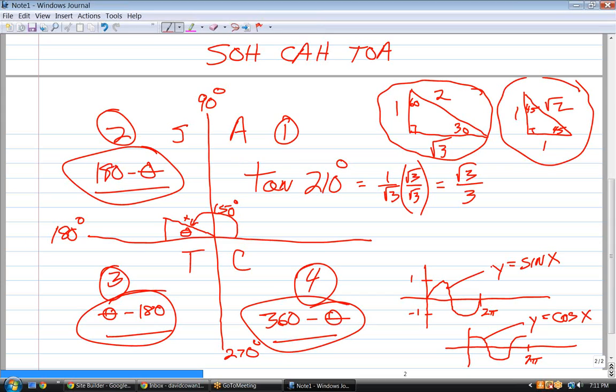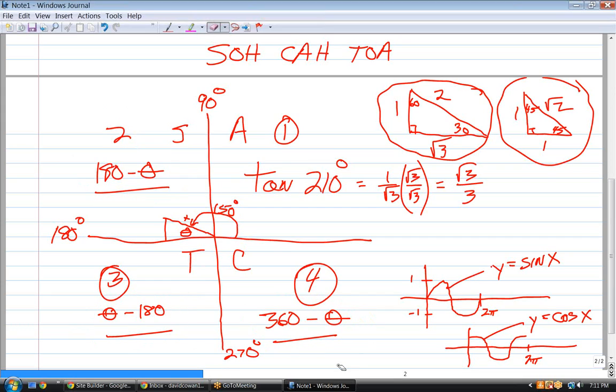Like for 0, it would be the coordinate 1, 0, and cosine is x and sine is y. Okay, cool. I like that. Yeah. That is a good way to learn it. But if you memorize everything I have on this page, that's all that's needed.